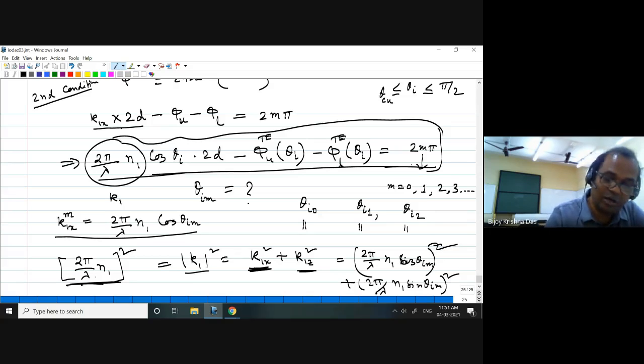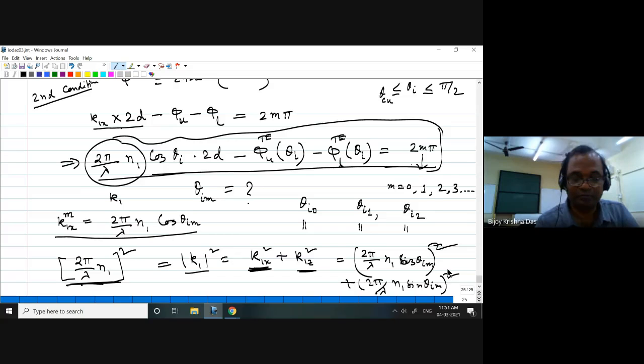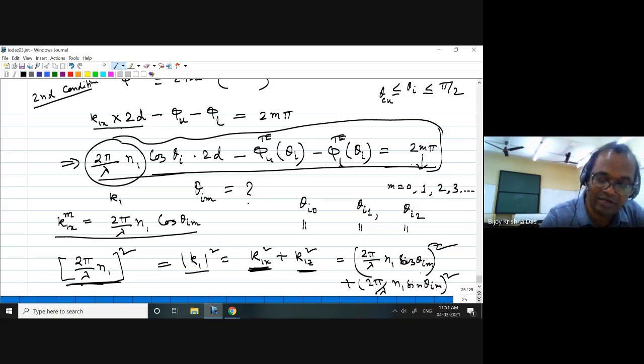So this one should equal this one. That formula has to be maintained. Ultimately what you are getting is cos square theta I m plus sine square theta I m equal to 1. That is the normal trigonometric formula. So when the cos component is discretized, the sine component must also be discretized to maintain sine square theta plus cos square theta equal to 1. Any question?